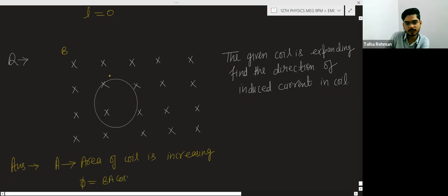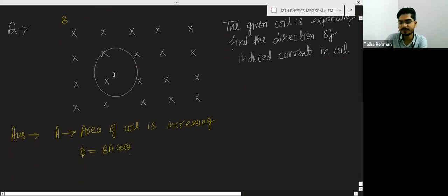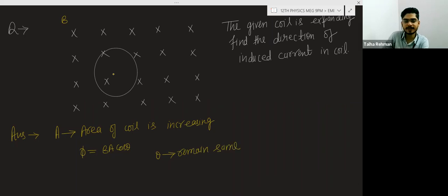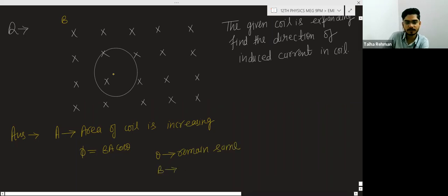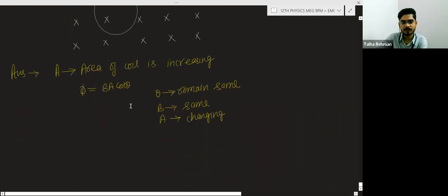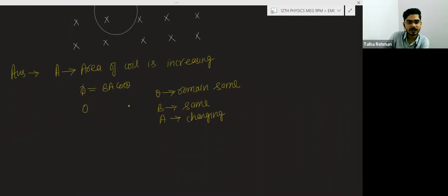B A cos theta. Here theta will remain the same. The magnetic field will remain the same. But this time your area is increasing. If your area is increasing, your flux is increasing.